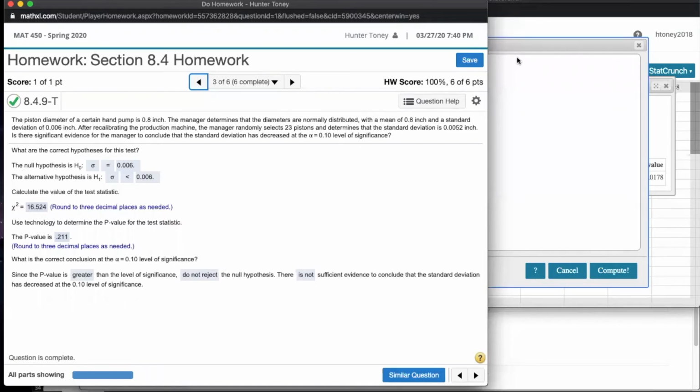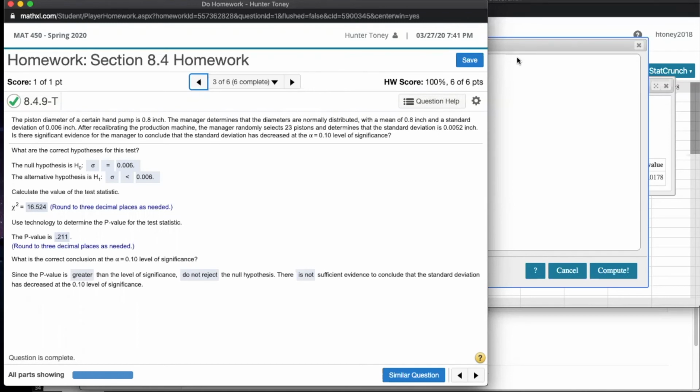All right, guys, so this is going to be the last one I'm going to go over, just because this is an example of when you have really small numbers and when things can start to get a little dicey. So for this one, we are measuring piston diameters of a certain hand pump in 0.08 inches. The manager determines that the diameters are normally distributed with a mean of 0.8 inches and a standard deviation of 0.006 inches.